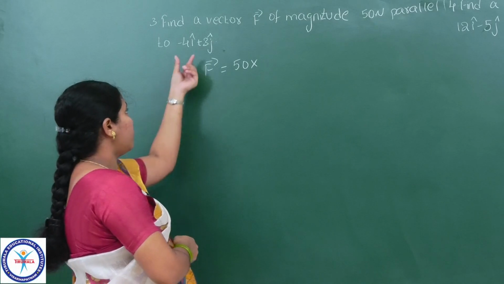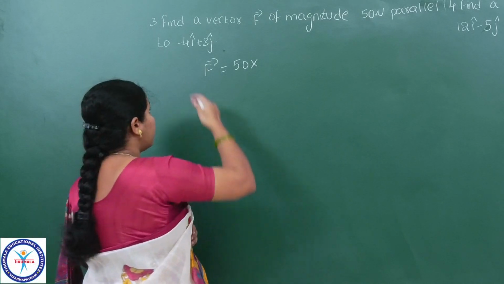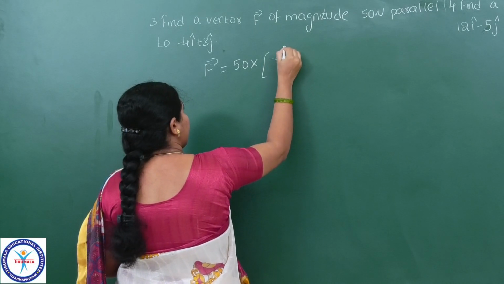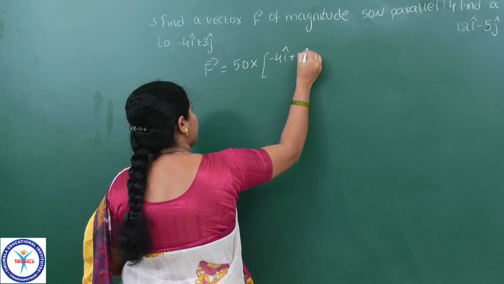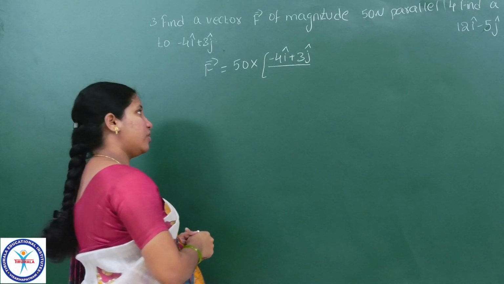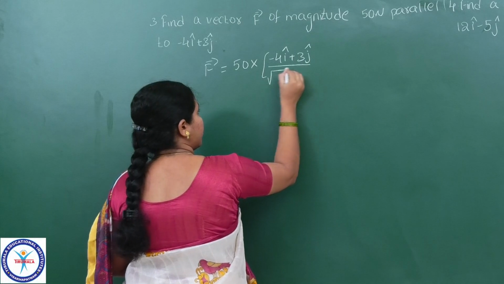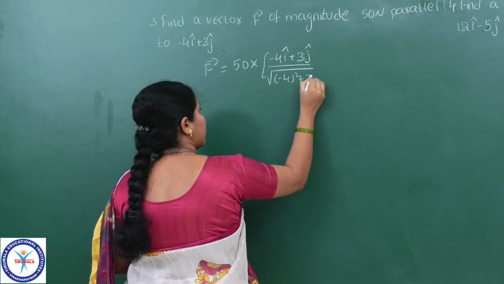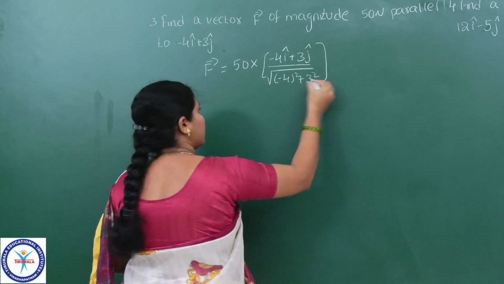So find the unit vector. So for this the unit vector is minus 4i cap plus 3j cap divided by the magnitude of the given vector. So square root of minus 4 whole square plus 3 square.